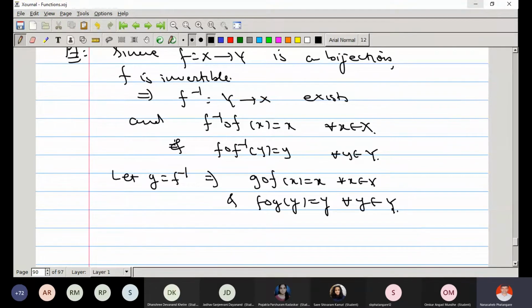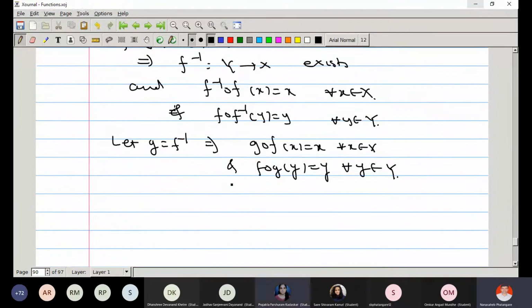Okay, so is it clear what I am writing? Yes, sir. And therefore, now this situation is symmetric in f and g. No problem which is first and which is second. The composition of both is identity, and therefore what can we say? f is the inverse of g, that means f is nothing but g inverse.